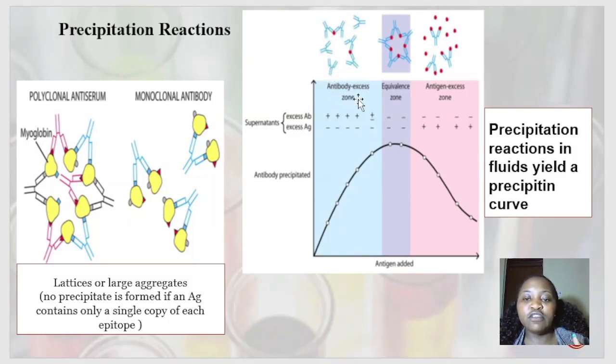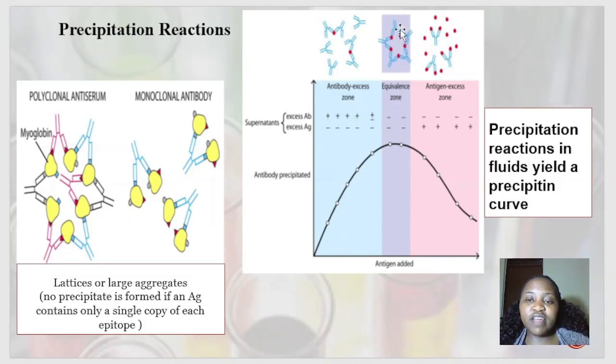When we have a lot of antibodies, this zone will not have a well-formed precipitate. Then we have antigen excess, where we have too much antigen so that the antibodies are not able to bind, so we also don't have the formation of a lattice or precipitate.